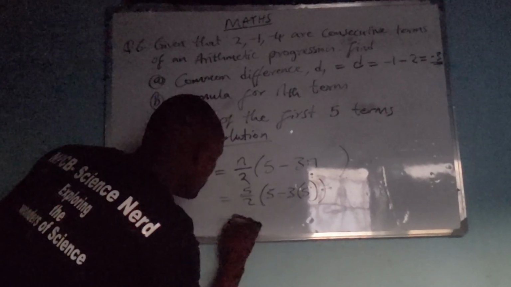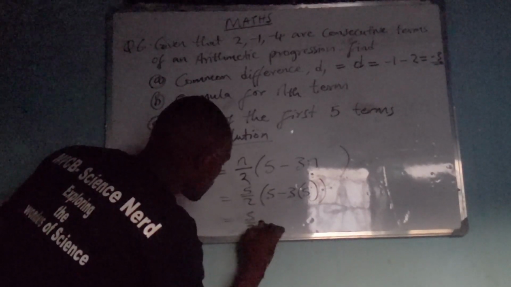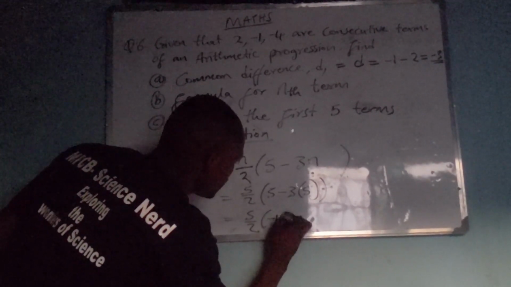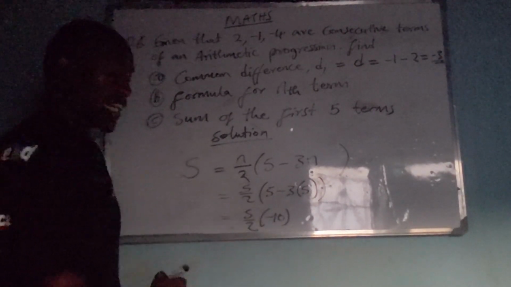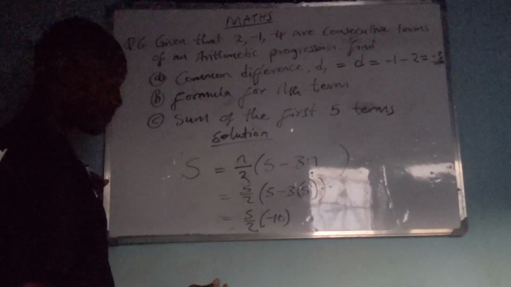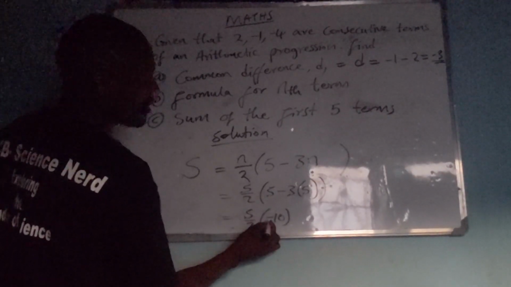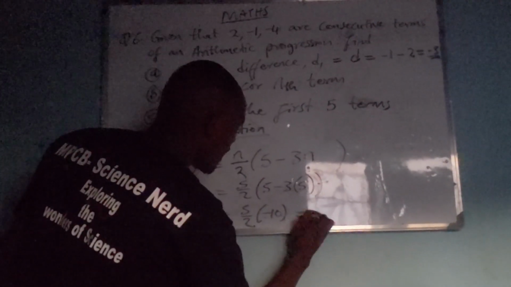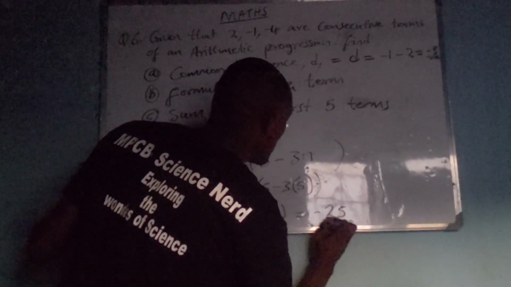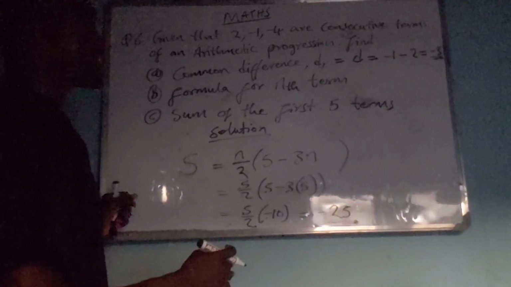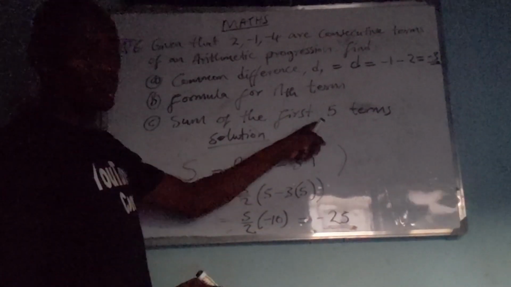So we'll have 5 over 2, negative 10. 2 into negative 10 is negative 5. 5 multiplied by negative 5, which will give us negative 25 as our answer for the first 5 terms.